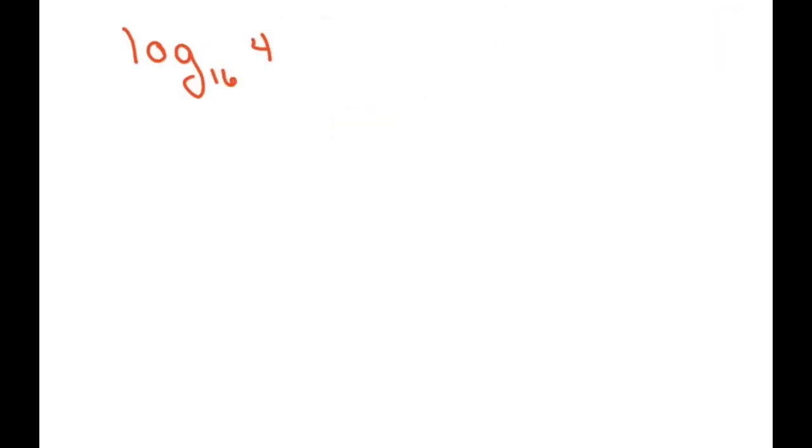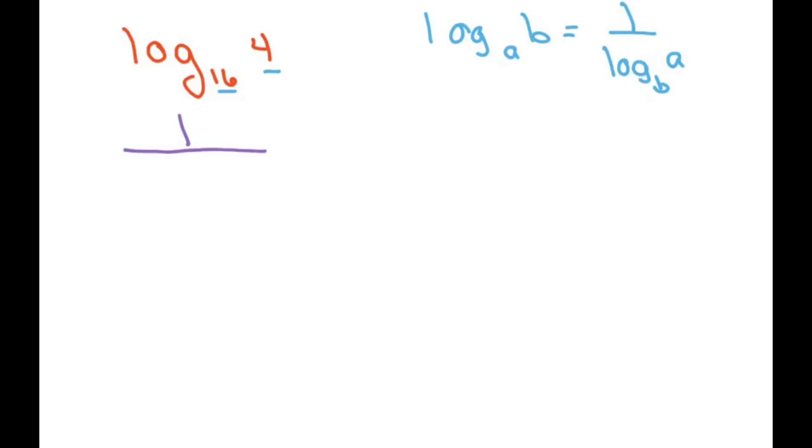Okay, my last three problems, you notice that your A part is bigger than your B part. So what I'm going to use is log base A of B equals 1 over log base B of A. I'm going to rewrite this as 1 over log base 4 of 16.